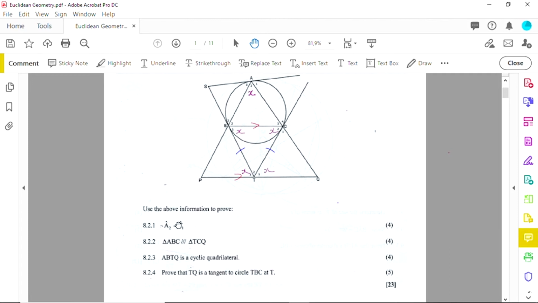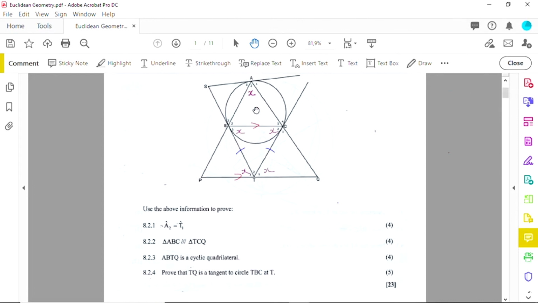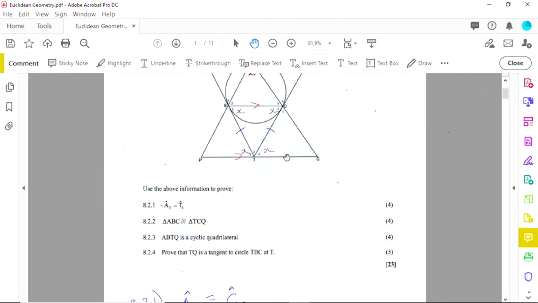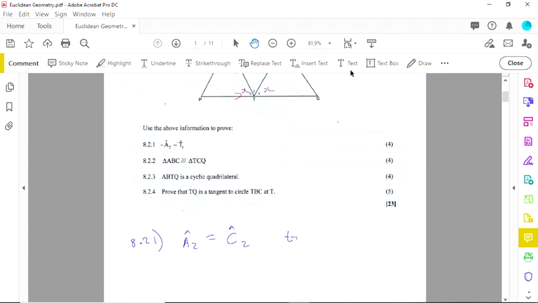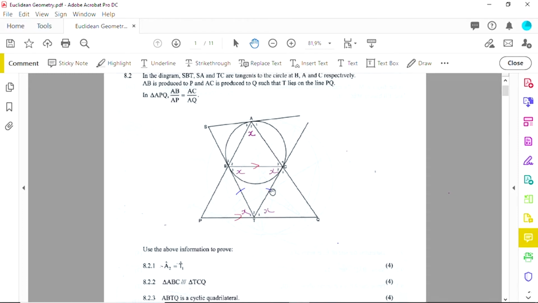Now going back to question number 8.2.1, we are required to prove that A2 is equal to T1. So we started off with A2, so the angle A2 is equal to, you can choose any one that we spoke about. We can just say A2 is equal to C2, and the reason for A2 being equal to C2 was tan chord theorem. We may want to write down which tangent we are talking about: tangent TC.